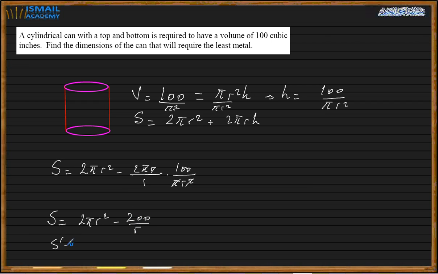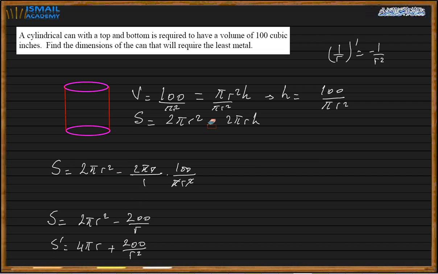Now I take my derivative. So it's going to be 4 pi r minus 200 over r squared, because the derivative of 1 over r is minus 1 over r squared. You can use the power rule here. Oh, you see what I did here?